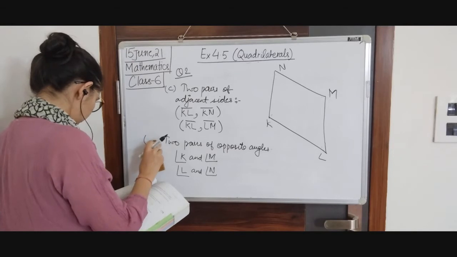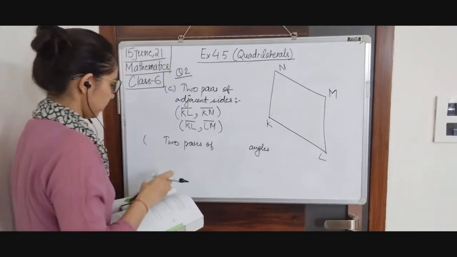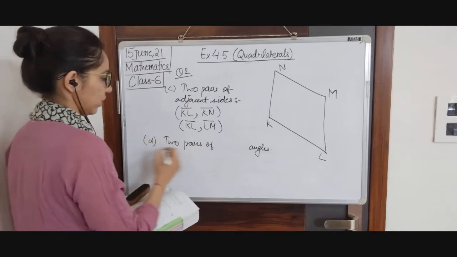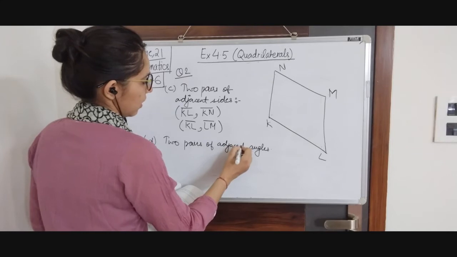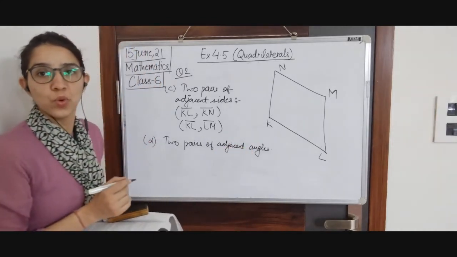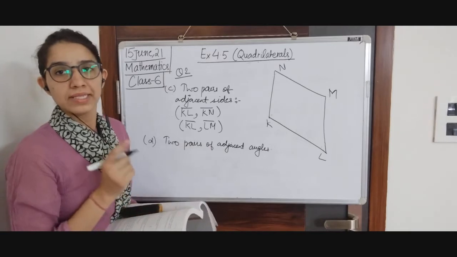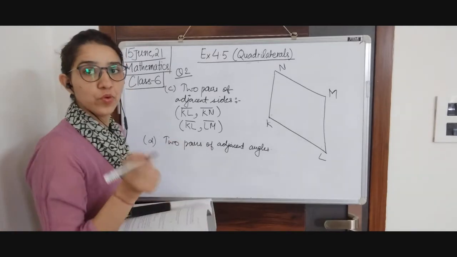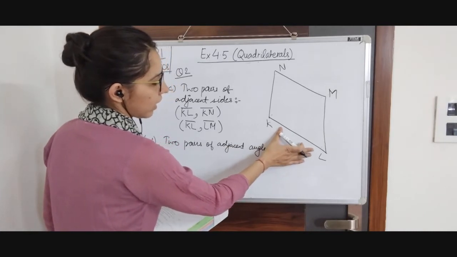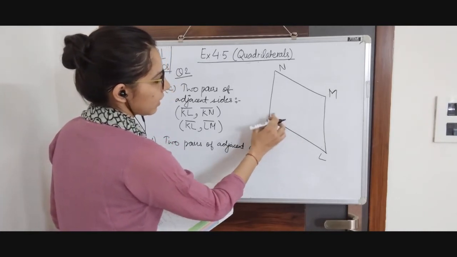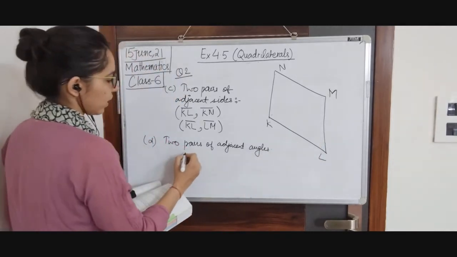D part, we have to write two pairs of adjacent angles. Adjacent angles are those angles which lie on the same side of the quadrilateral. If we are talking about this KL side, then this angle and this angle are going to be adjacent angles.